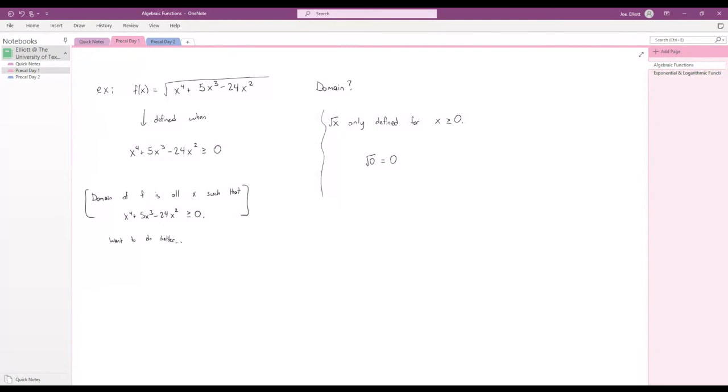Yeah, so for this example, I wanted to give a better answer aside from the answer that we have here right now. It's a correct statement, but it's not the most descriptive statement. We might like to give an answer in interval notation, as someone has done in the chat.